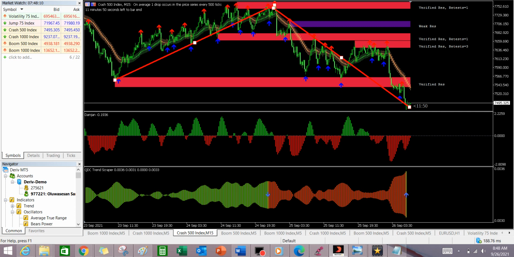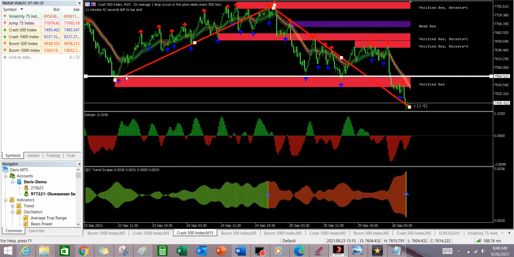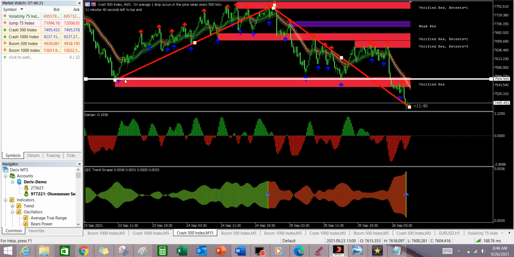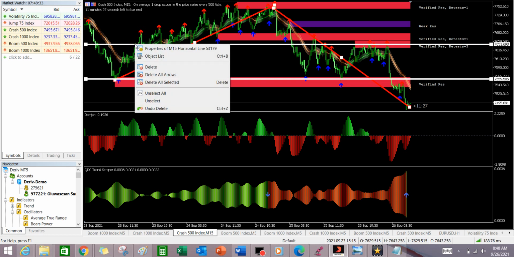So which means if you decide to milk the market with this, let's say you come in right here on this support region, and the market started moving upward. Probably the price action got to this region.